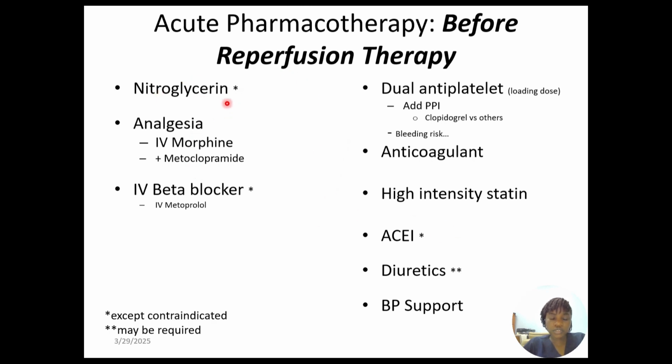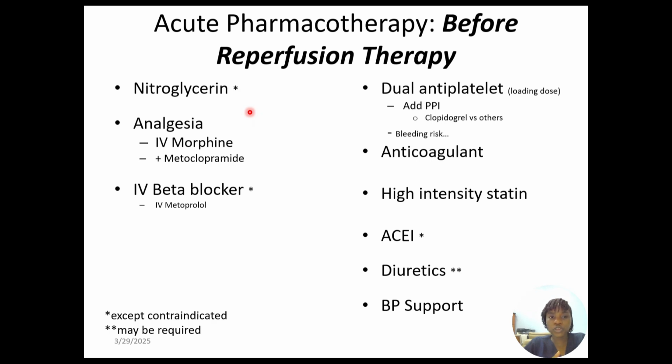Now, nitroglycerin is the first on the list, and it helps to offer symptomatic relief for these patients. And there are contraindications to its use, including the presence of hypotension. It should be avoided when there is suspicion of right ventricular infarction because it can cause severe hypotension in this group of patients.